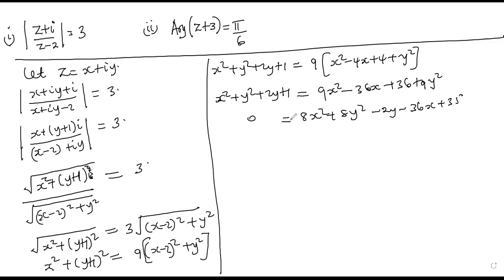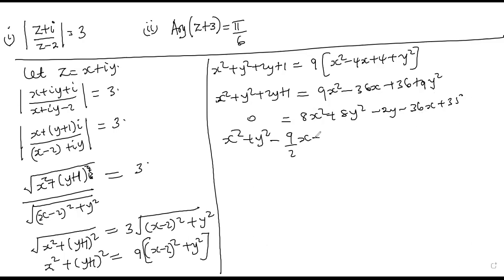So when you divide through by 8, you're going to have x squared plus y squared, then minus 9 over 2 x, because it will be 36 over 8, you can divide through by 4.